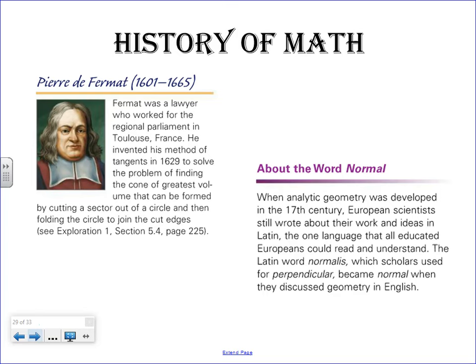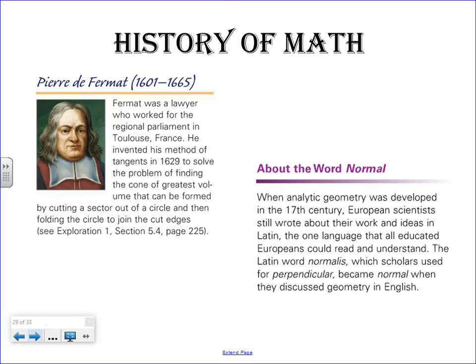And the interesting thing is he started using tangents, as in tangent lines, in order to solve the problem of the cone of greatest volume that can be formed by... hey, wait, a cone of greatest volume, what kind of application problem is that? What was he trying to solve that made him start using tangents?